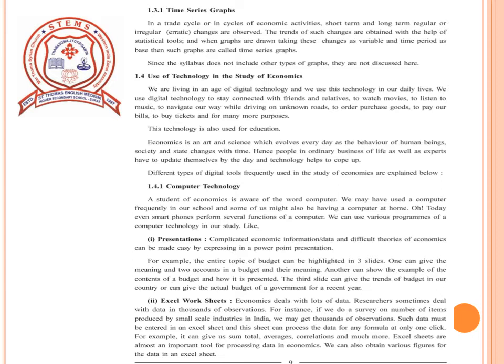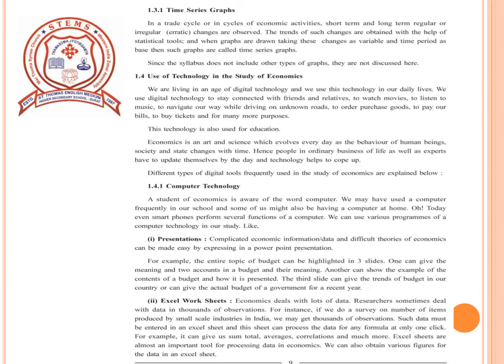In everyday life the use of technology is of great value. So we use digital technology to stay connected with friends and relatives, to watch movies, to listen to music, to navigate our way while driving on unknown roads, to order and purchase goods or pay our bills, to buy tickets, and for many other purposes.